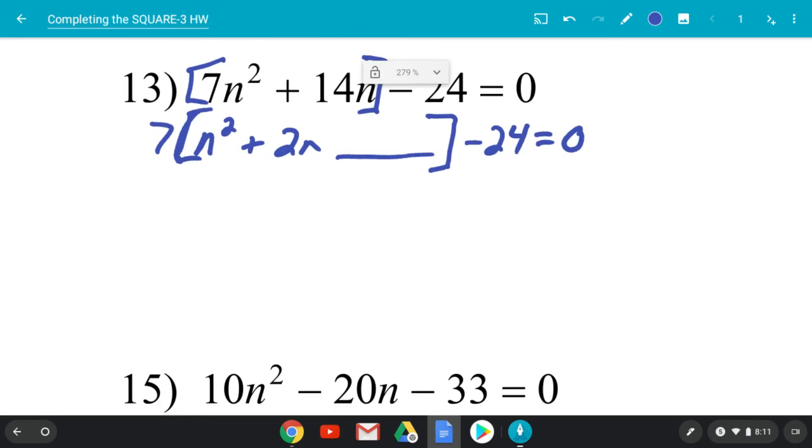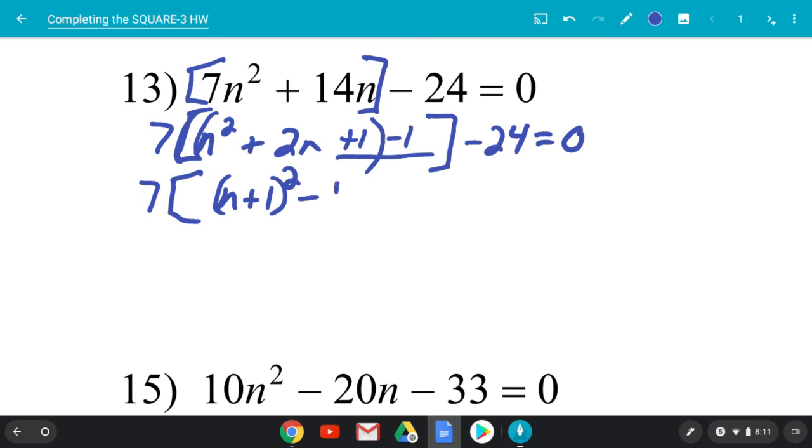So here we go. I still need a perfect square trinomial in here. Plus 1 minus 1. So 7 times n plus 1 quantity squared minus 1 minus 24. Now see, at this point, I've got to distribute this 7 here and here, but I don't add it to that negative 24 until after I distribute.